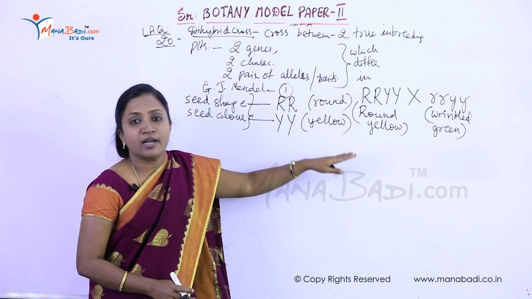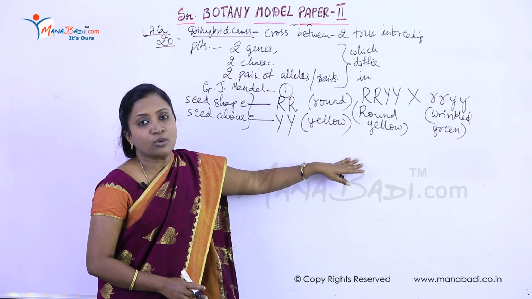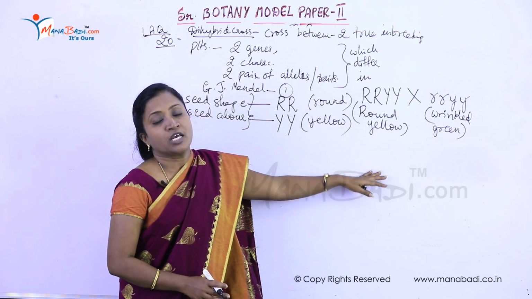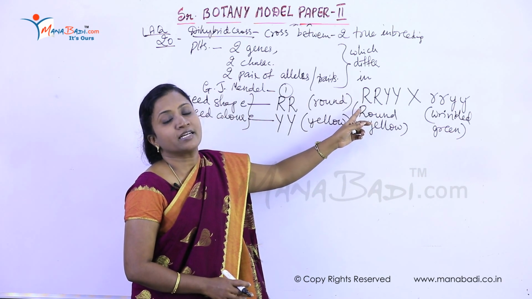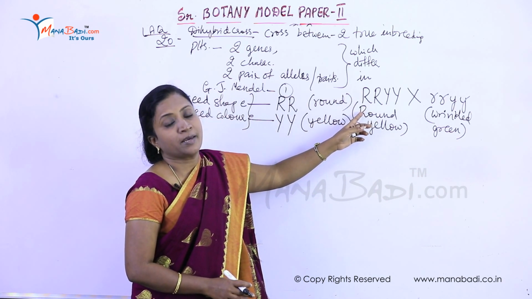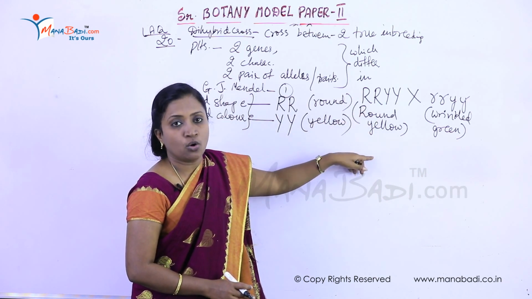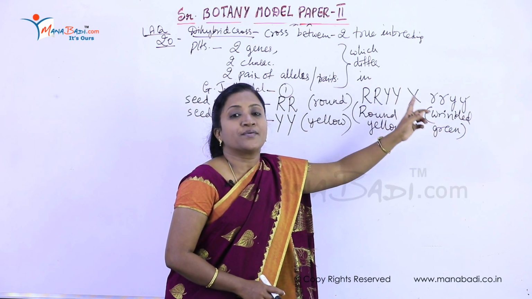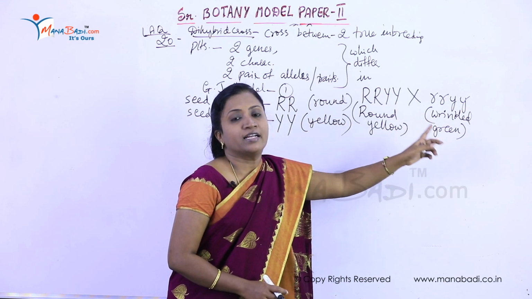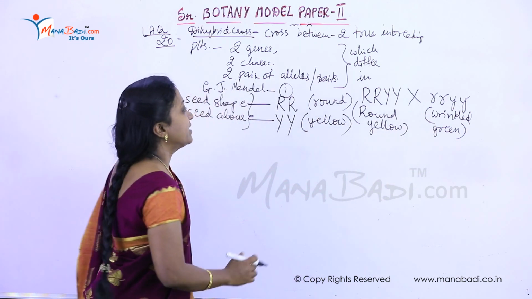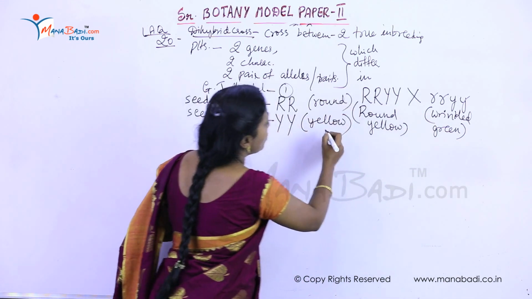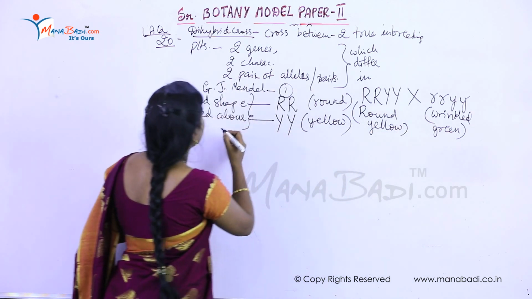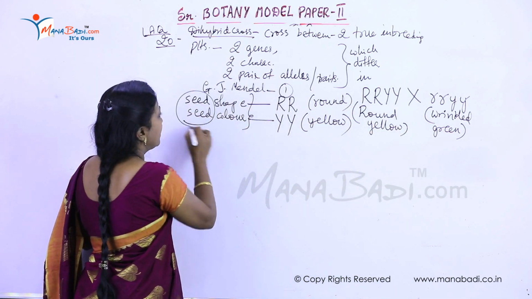Gregor Johann Mendel carried out these two inbreeding lines and crossed the homozygous dominant plant, round yellow, with a homozygous wrinkled green seeded plant, regarding the seed shape and color.